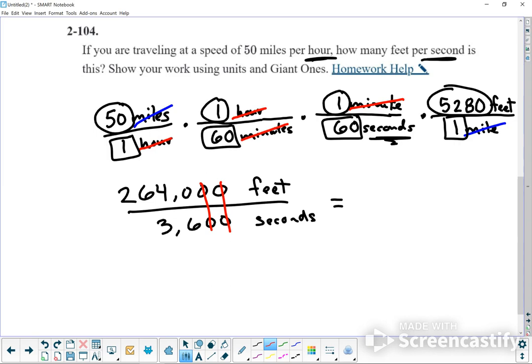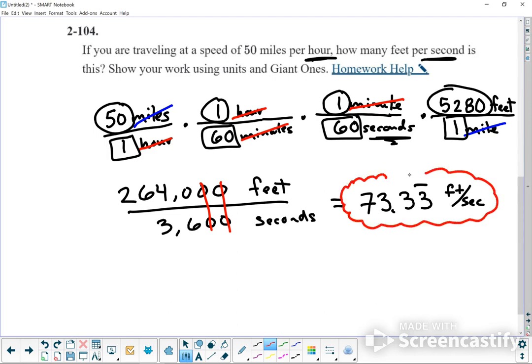That gets me 73.33 forever feet per second. Okay, that's my answer. So 73.3333, or 73 and 1/3. If you want to write it more exactly, it's 73 and 1/3 feet per second.